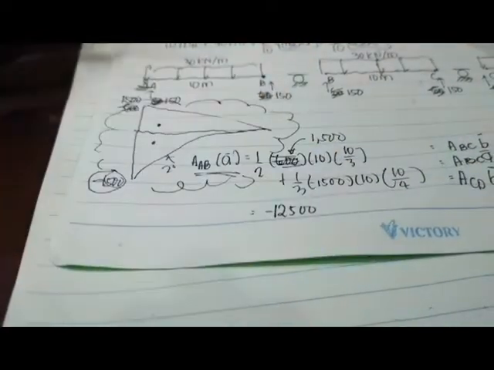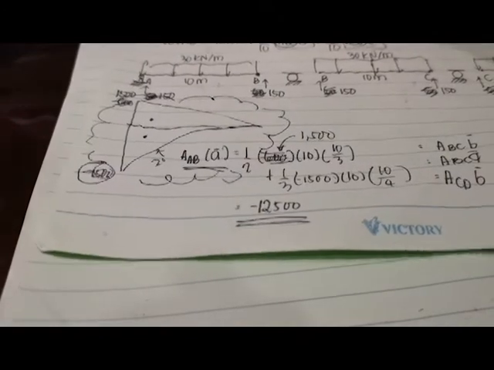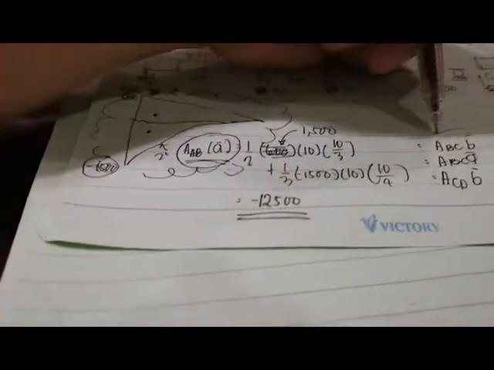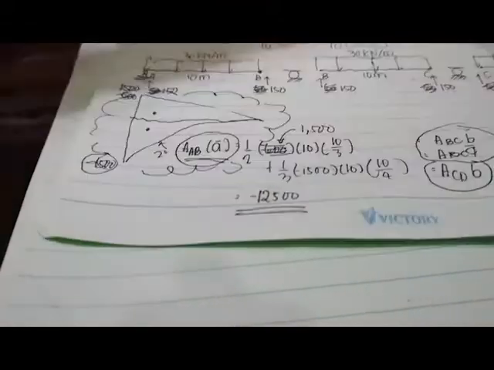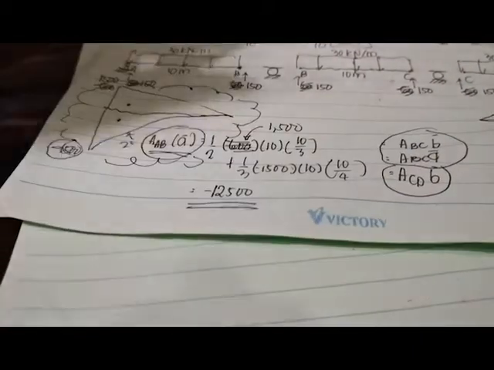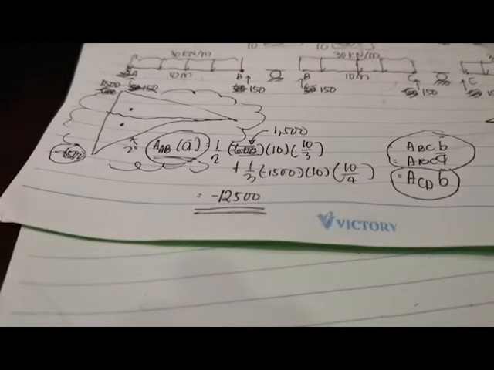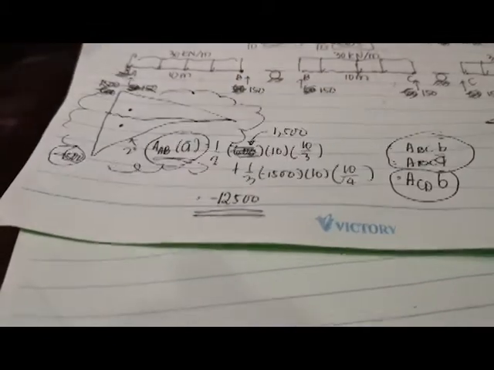That is equal to 12,500. And area AB times A-bar is equal to area BC times A-bar, and area CD times B-bar. So 12,500, we just multiply this by 6/10. That is equal to 7,500.